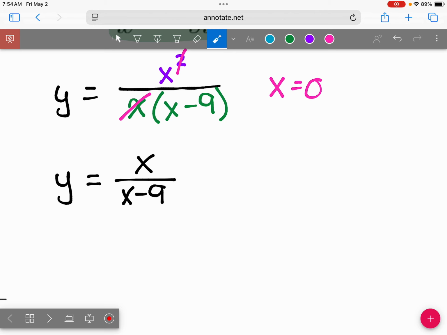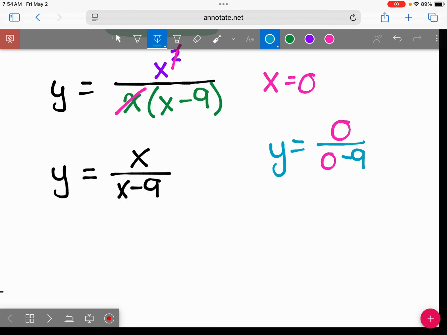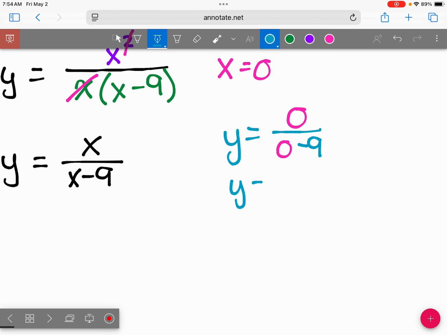So let's see what happens for our y value. Our y equals x over x minus 9. What is 0 over 0 minus 9? It's 0 over -9.